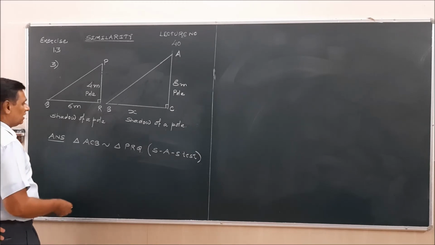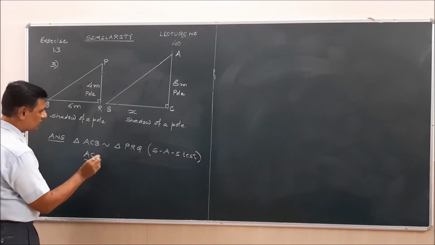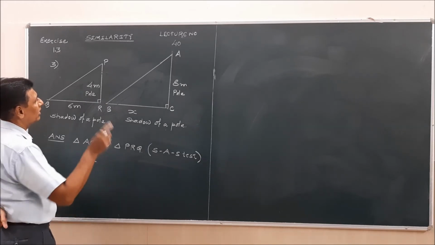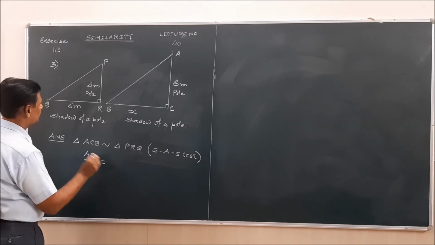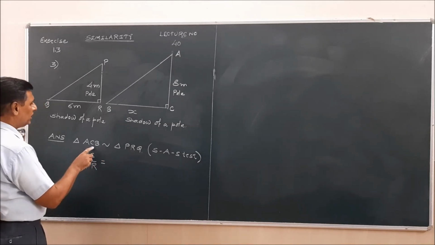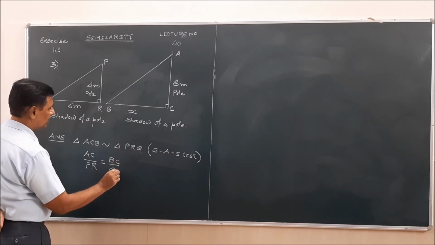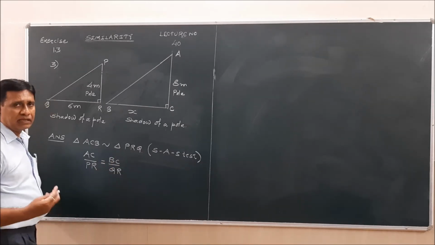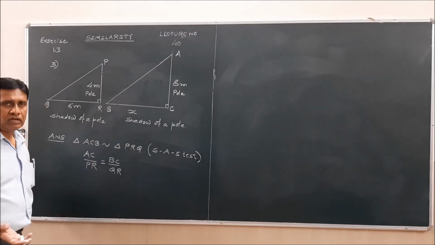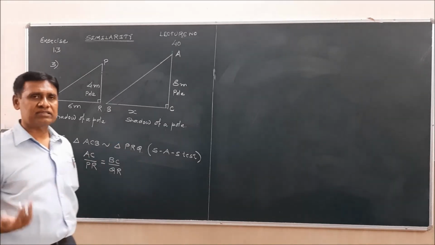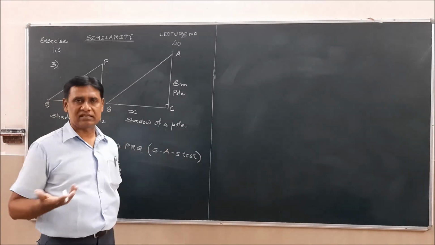Now take the ratio AC upon PR, that is equal to BC upon QR. Naturally, you may think, why not AB upon PQ? Of course, if triangles are similar by any test, then the ratios of the pairs of all three sides are the same.